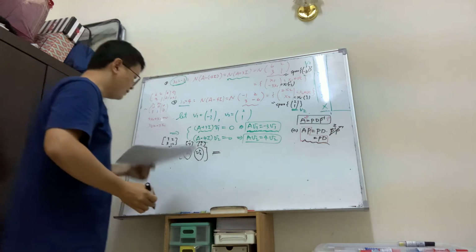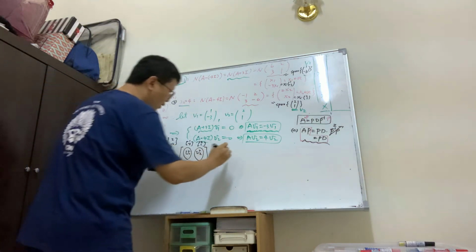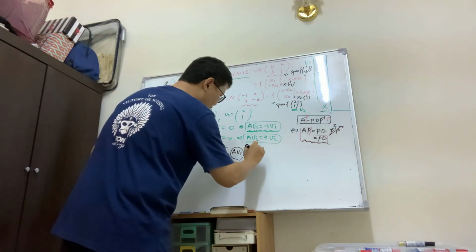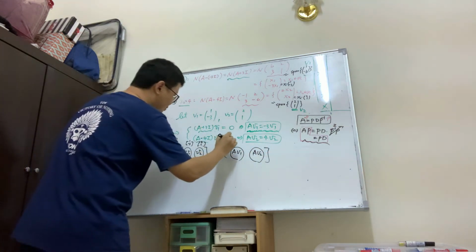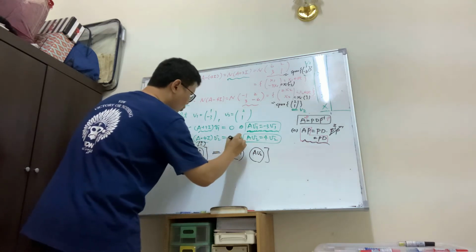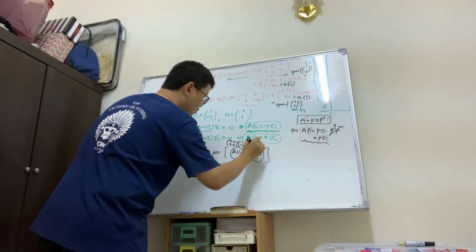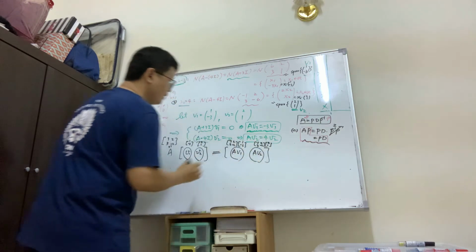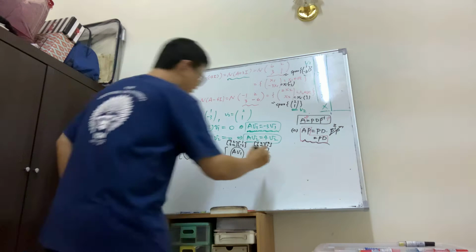Then what do we have? In the first column it's AV1, and the second column is AV2. It means 3, 2, 3, negative 2 times 1, negative 3, and 3, 2, 3, negative 2 times 2, 1. AV1 means their product, AV2 means their product. And what's this?